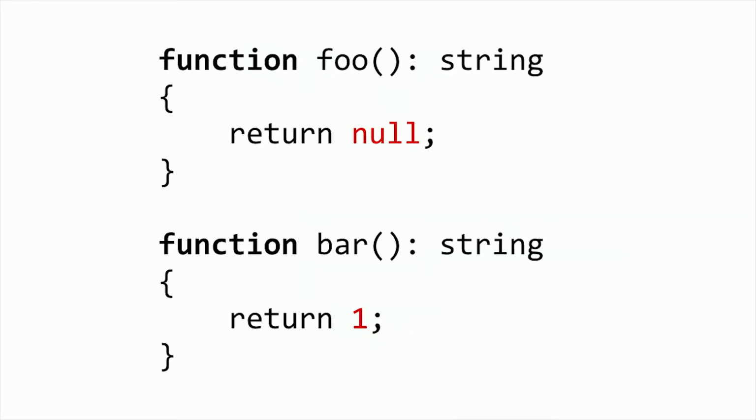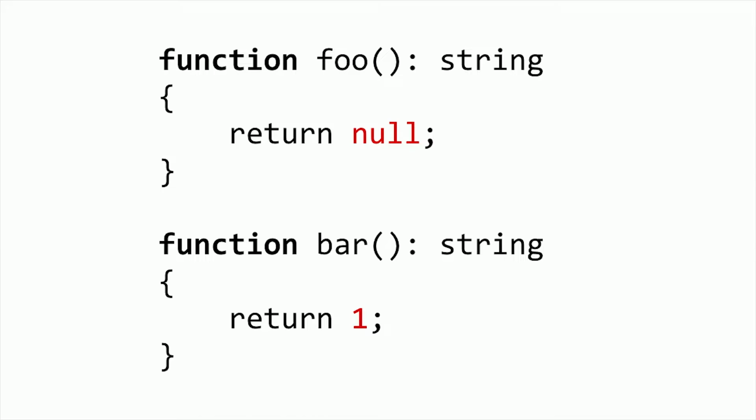So for example, this is an example of a broken type system. If a method is returning an incorrect type, rather than the one that it's promised, it's a mistake, it's an error. It breaks the program.